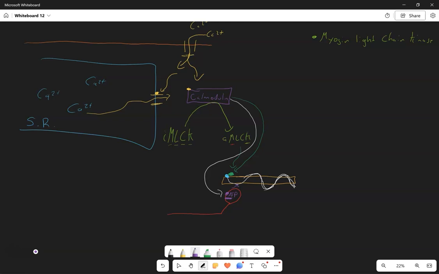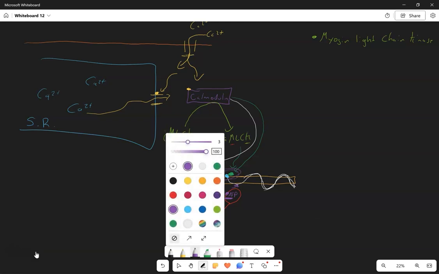And it's the activation of these two molecules here, caldesmon and calponin, that allow that ATP to be hydrolyzed into ADP and inorganic phosphate, which favors that binding. Okay, so it will get hydrolyzed into ADP and inorganic phosphate.